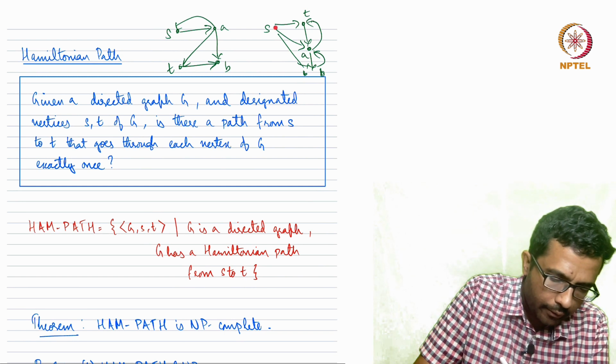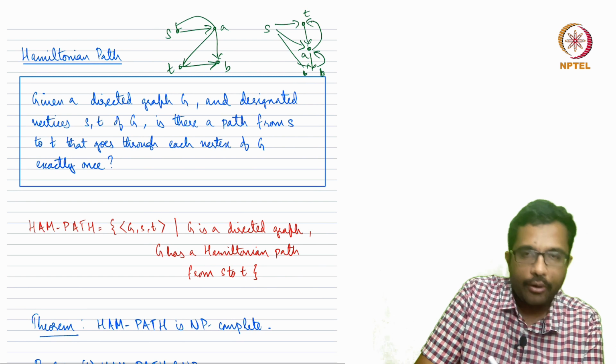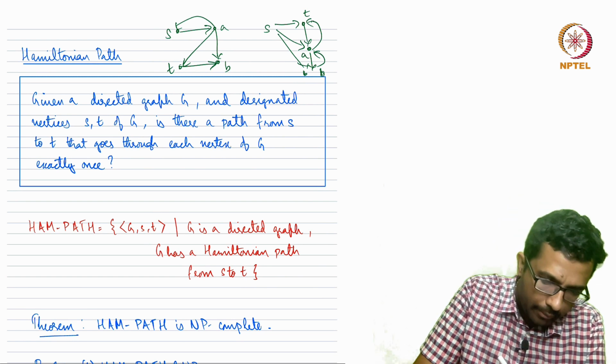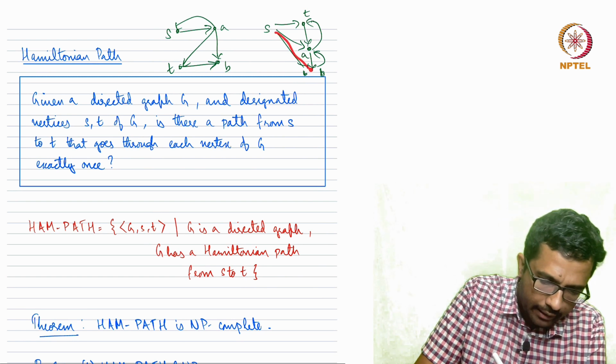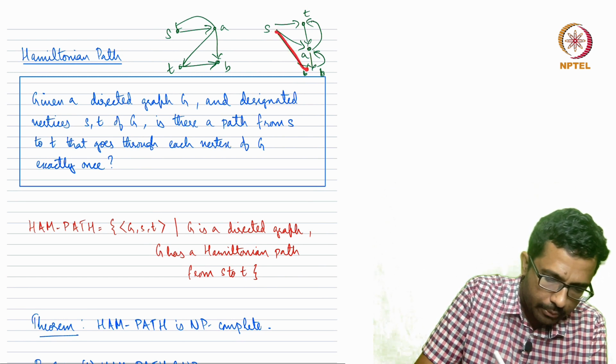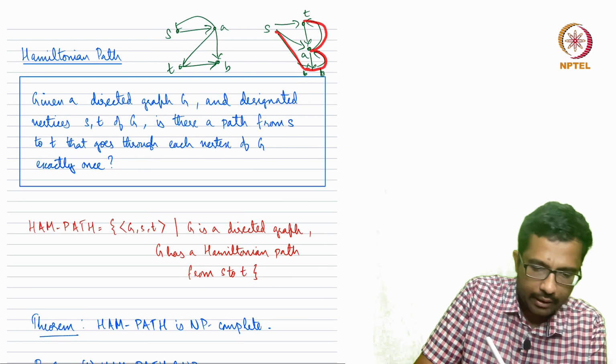You can go from S to T, but you cannot take this because then you would have skipped A and B. But you can go from S to B and then to A, and then A to T, right?